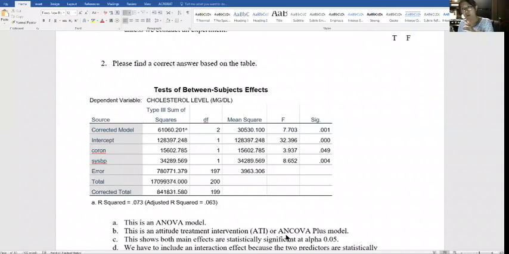That categorical variable should be converted into multiple dummies if you use the regression tab. But if you use the general linear model tab in SPSS, you don't need to convert it into multiple dummies. That's why I use the general linear model more than regression when I run the analysis.